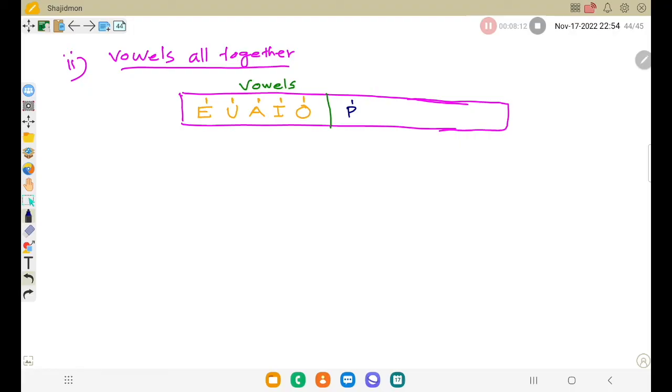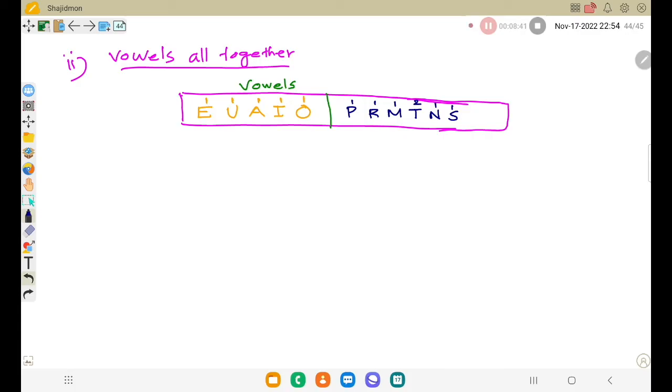P is coming 1, and E already we written, R letter coming 1, and M letter, that is 1, U already we written, T letter coming 2 times, A already written, I written, O also written, N one time, and S one time will come, correct?